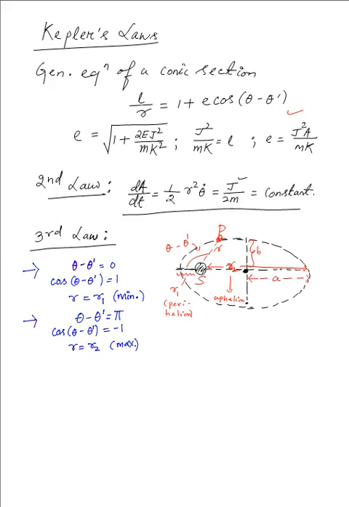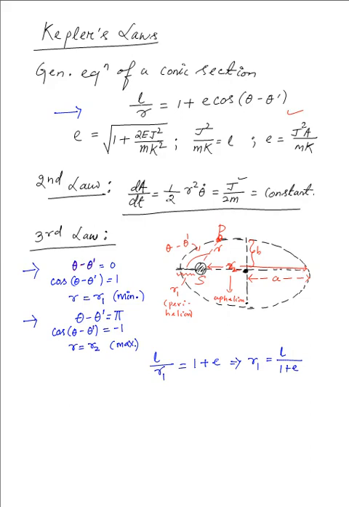With these things available to us, we can rewrite this expression as follows. For the perihelion we have r equal to r1 when cos theta is plus 1, and so we are left with 1 plus e on the right hand side, and that implies r1 is equal to L divided by 1 plus e.